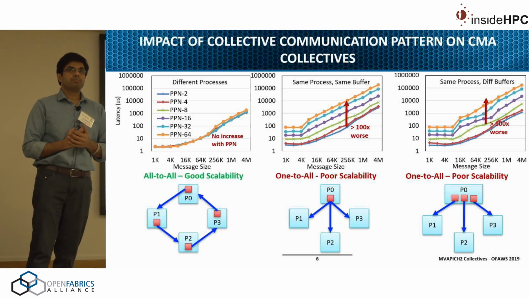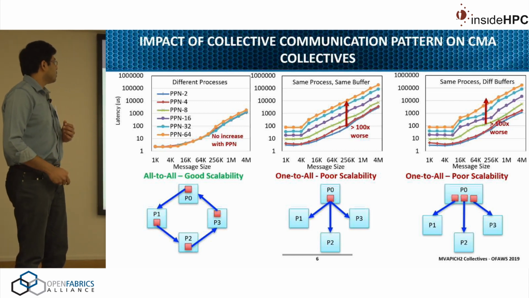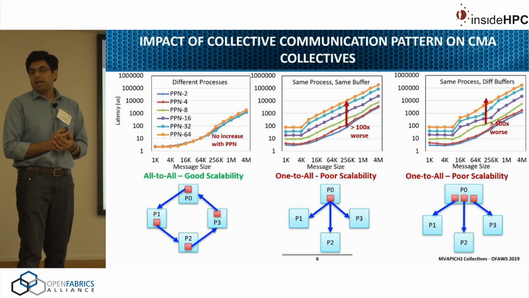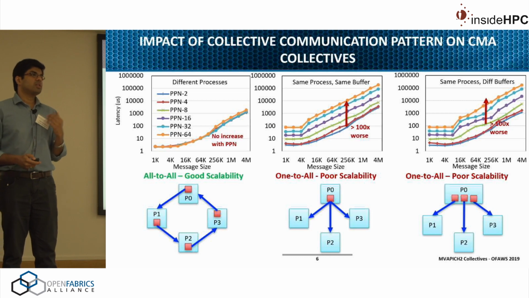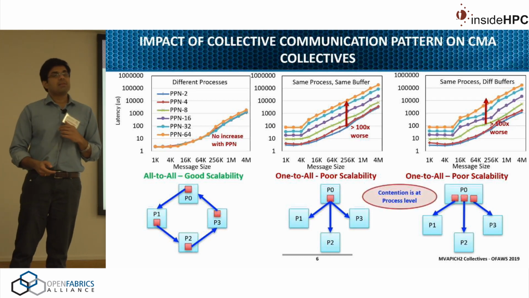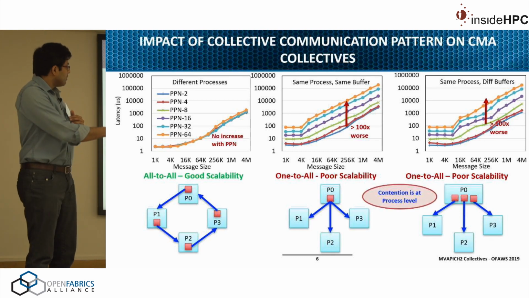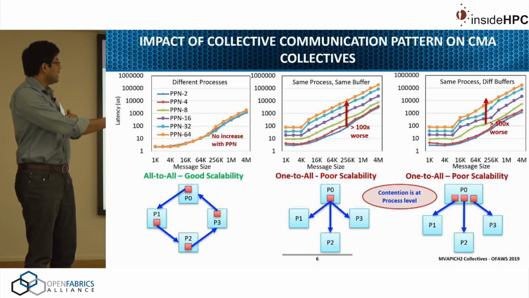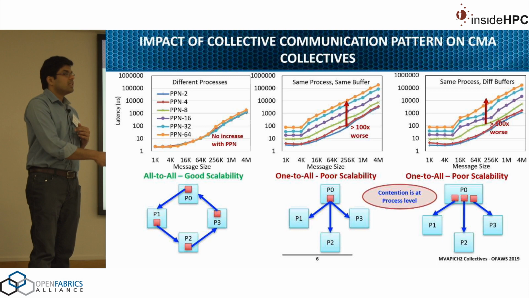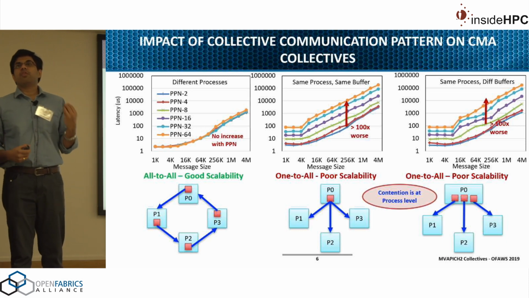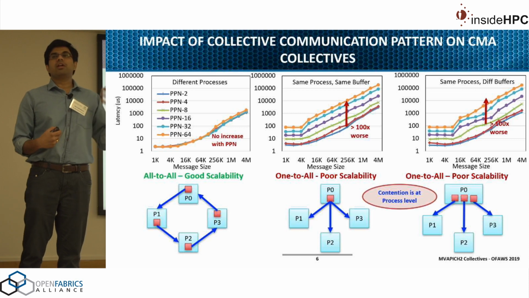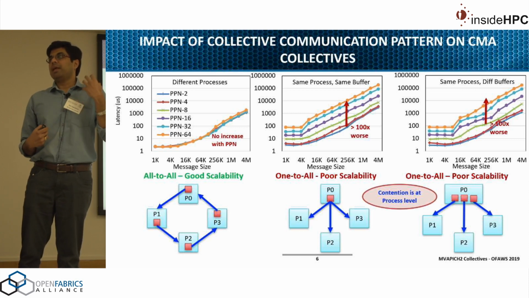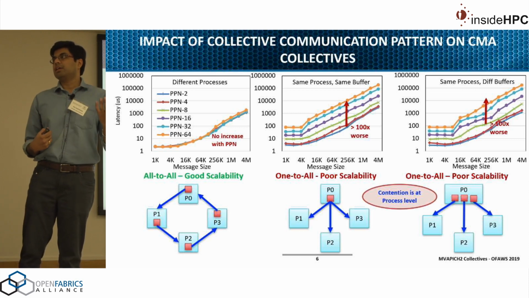So why is this so? This is what we tried to analyze in our lab, and we have tried to come up with optimized solutions to see how this can be tackled. When we analyzed the cause of this performance degradation, we saw that it was because of contention for a lock. If you look at how CMA works, it calls a function called get_user_pages, which takes a page-level lock in the kernel.